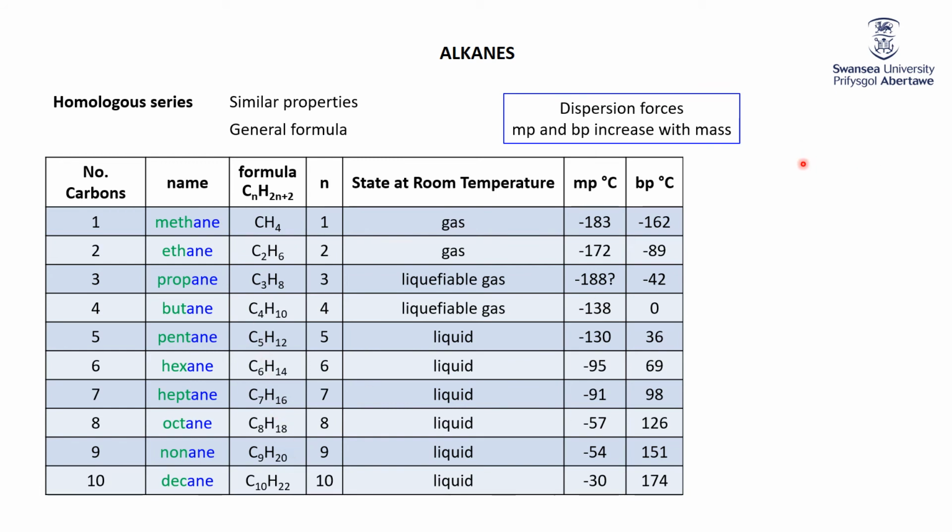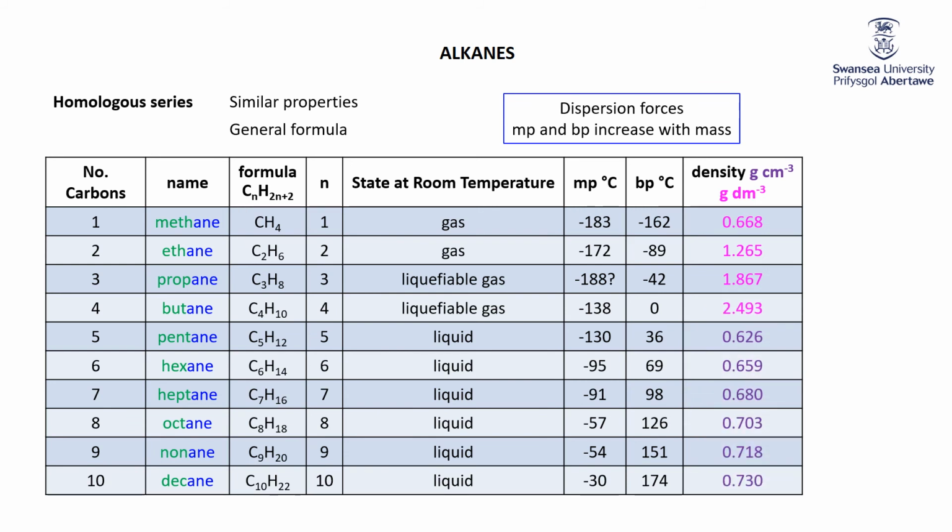Another physical property of note is the density. The ones in pink are the gases, and of course gas densities we express as grams per cubic decimeter or grams per litre, and of course, as you would expect, as the molar mass increases, so does the density, because the density of gases is directly proportional to the molar mass of the gas.